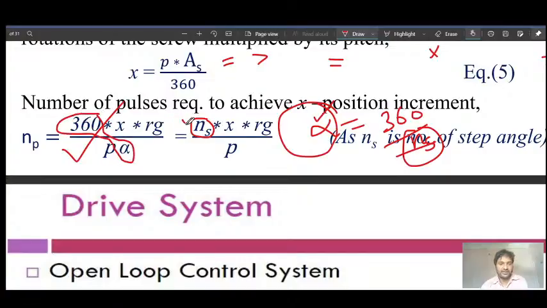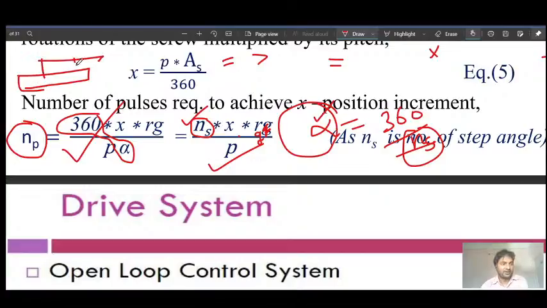So it becomes NS into X into, take it as here, subscript RG divided by P, pitch value. So that is the NP, total number of pulses required to drive the lead screw, or not lead screw, to drive the table that is mounted on the table in X distance.